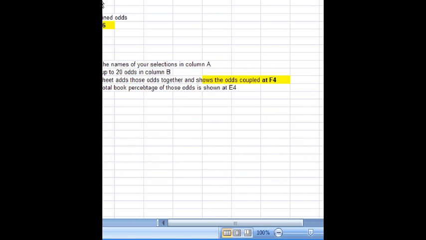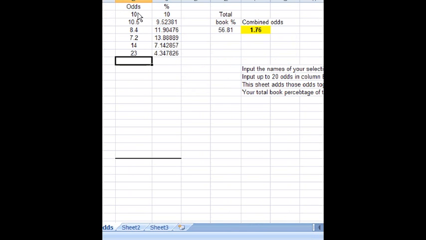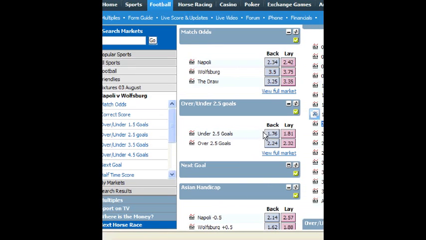I think the odds might have just changed, but we've got odds of 10, 10.5, 8, 4.7, 2.14 and 23 for 0-0, 0-1, 1-0, 1-all, 2-0 and 0-2, and that gives us combined odds of 1.76. If we look on Betfair, there you are, the under 2.5 goals are exactly 1.70. I'll just go 1.74 there now, and they lay 1.76.